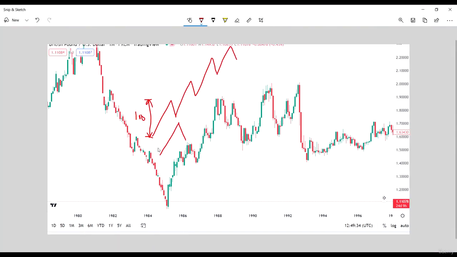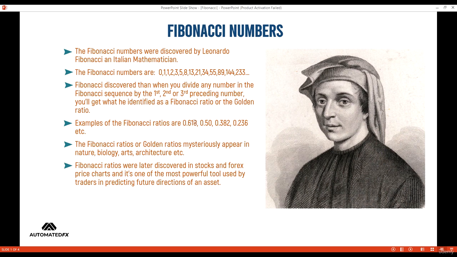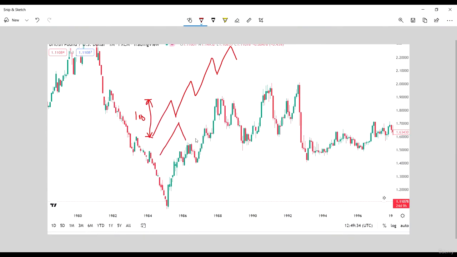So when a market is trending and there is a retracement or a correction happening, prices have higher chances of retracing to either of those three levels. In fact, the main levels are just 0.618 and 0.5. Whenever prices hit these levels, there is a very high chance for the trend to continue moving.